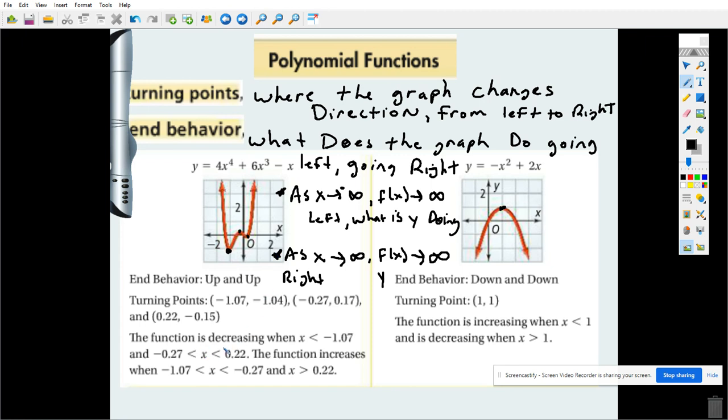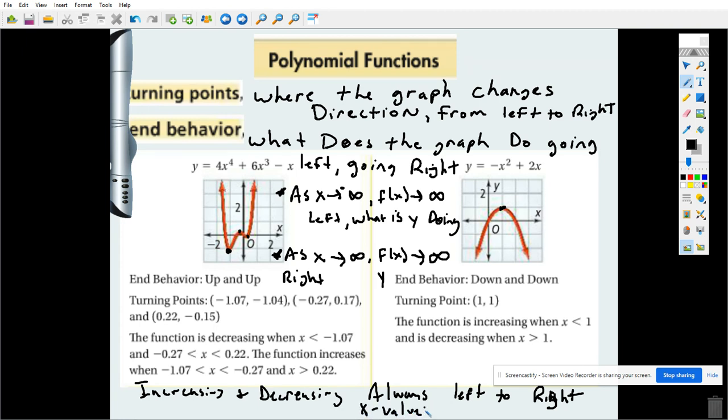And then we talk about increasing and decreasing. Increasing and decreasing is always left to right, which means we're dealing with x values.